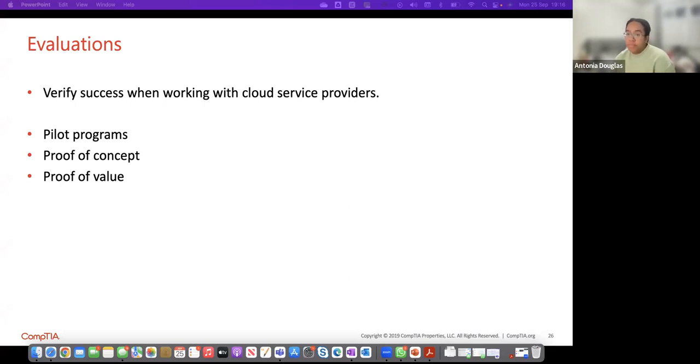I think proof of concept is an ideal way to go because these are generally a short space of time. You might want to move one low criticality asset to the cloud and see how that performs, and then take it from there.